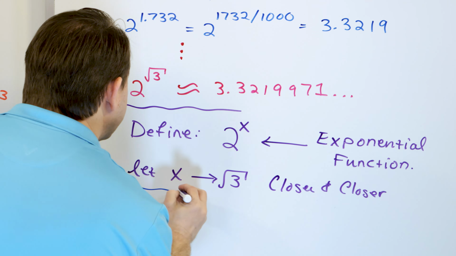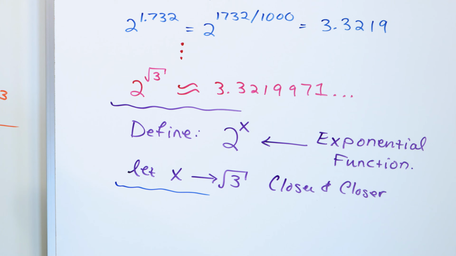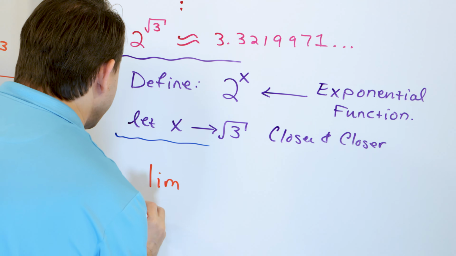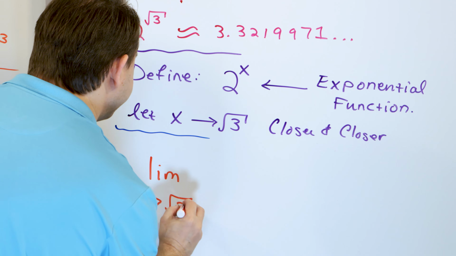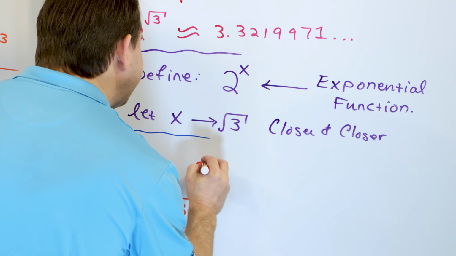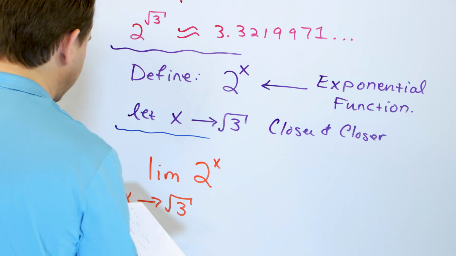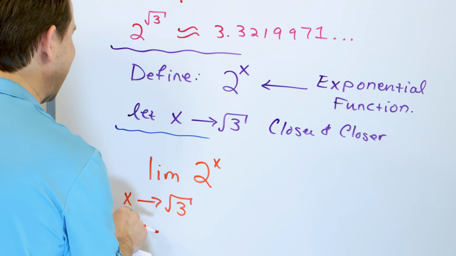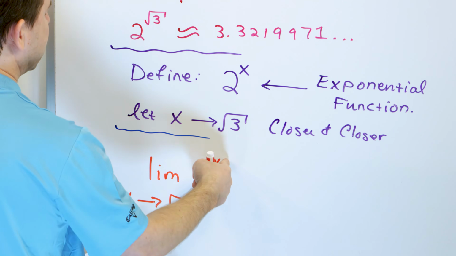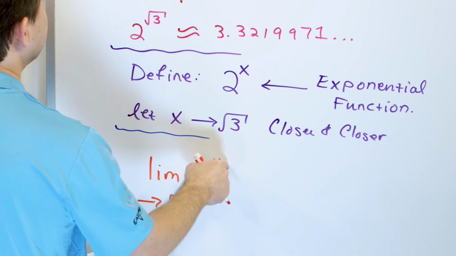Then what you can write down is the following very, very important thing. You can take what we call the limit as x approaches the number, the square root of 3, but it never quite really gets there, but it gets really close. And I'm going to take the limit of the function 2 to the power of x. That means I put an x value in, a really crude one, of 1. And then I put an x value in a little bit closer, 1.7. Then a little bit closer, 1.73.